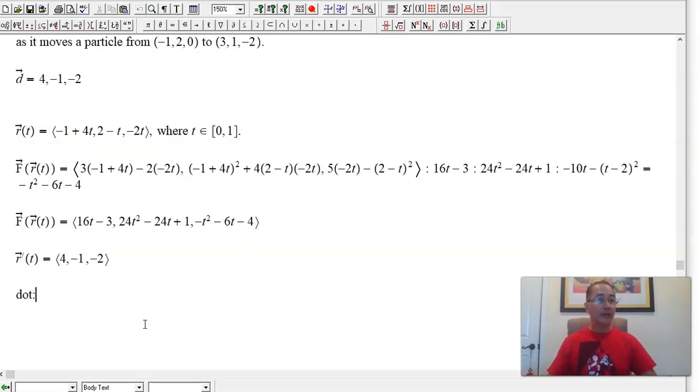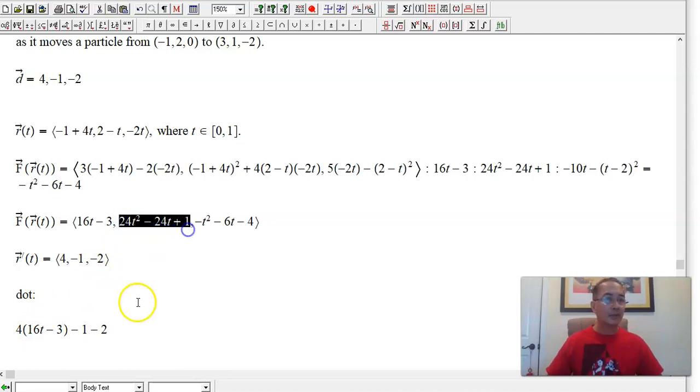Now we take the dot product. We take 4, -1, and -2. We are going to multiply with the corresponding component in our F. Here, -1 times this, so we're basically subtracting that.